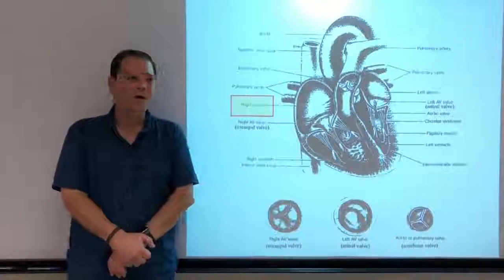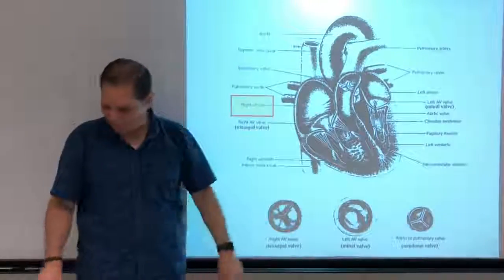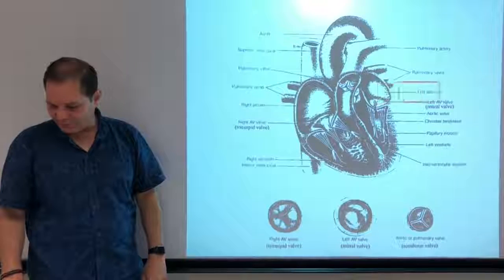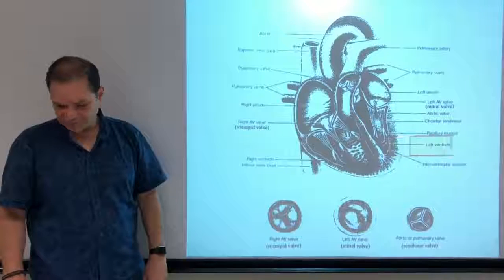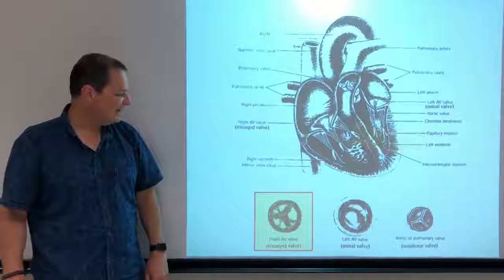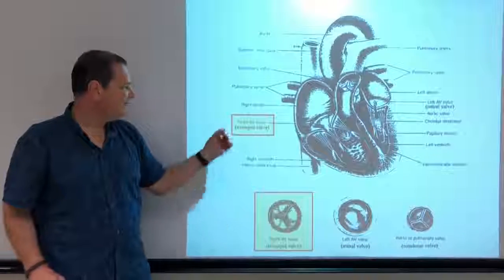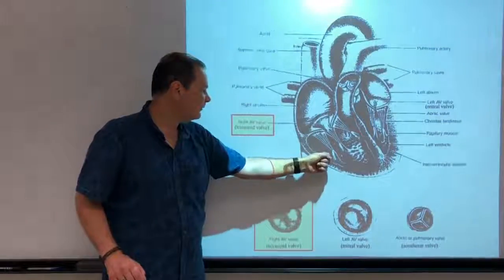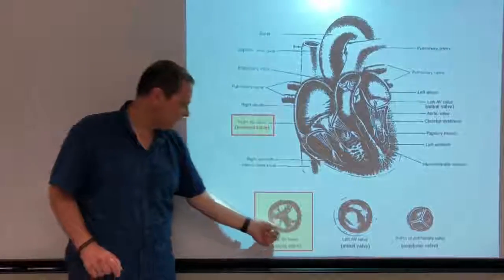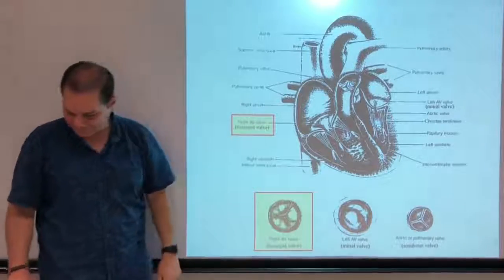Okay, so the heart. 4 chambers: right atrium, left atrium, right ventricle, left ventricle. They are separated by valves. The right AV valve is the tricuspid valve. It separates the right atrium from the right ventricle, called the tricuspid valve because it has 3 leaflets.